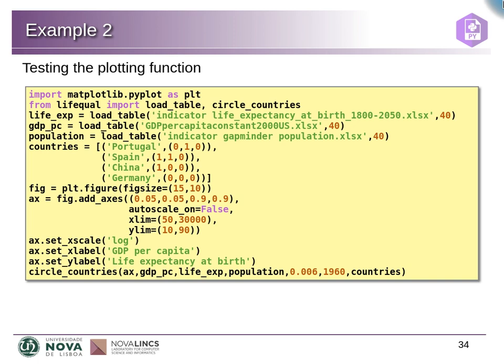For example, Portugal is green, so it has 0 red, 1 of green, and 0 blue. If you want yellow for Spain, this is full red, full green, and no blue, and so on. These are fractional, so you can adjust the hues and the intensity of the colors in whatever way you want. So this is how we are going to specify the countries: the name of the country and the color we want to draw, and this we receive here, this list.